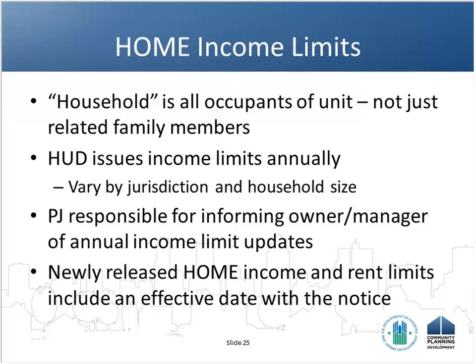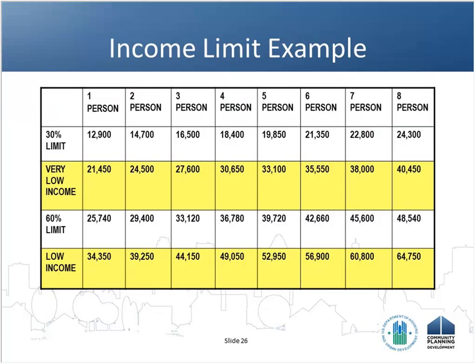And on each one of those, for both the income and the rent, there will be an effective date on that notice. So maybe you get the new income information at the beginning of July, but maybe the effective date would be the middle of July. So you will need to pay attention to the effective date on those.